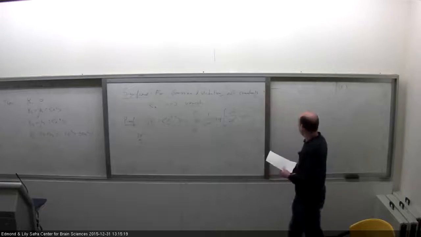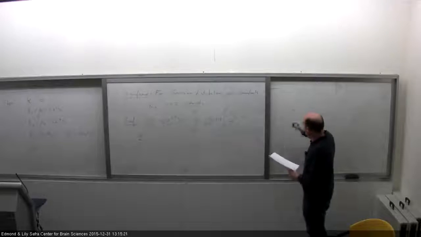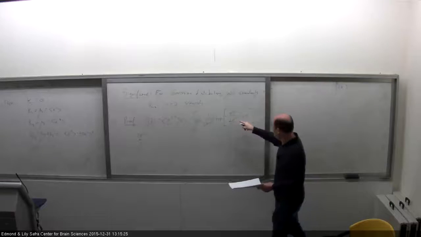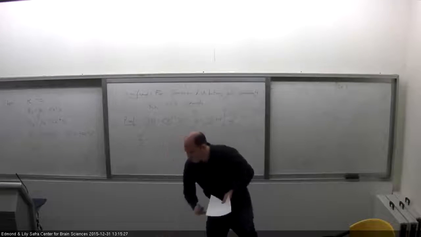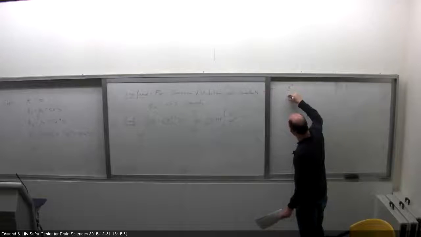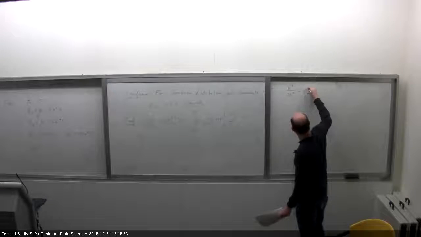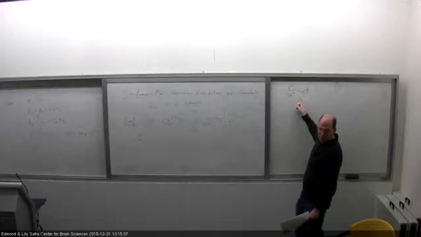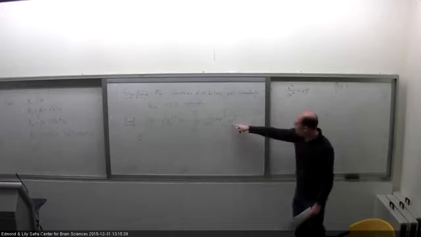Let me explain. So what I want to do is rewrite what we have here as follows. Here we have x squared divided by 2 sigma squared minus xt, right? I mean, it's the minus of this quantity. This is what I have here.